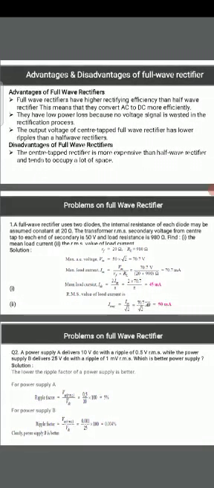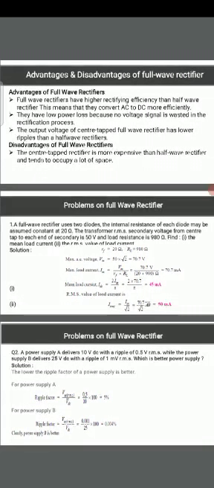The center tap rectifier is more expensive than a half wave rectifier and tends to occupy a lot of space. Why does it occupy a lot of space? Because it uses more electronic components as compared to half wave rectifiers.